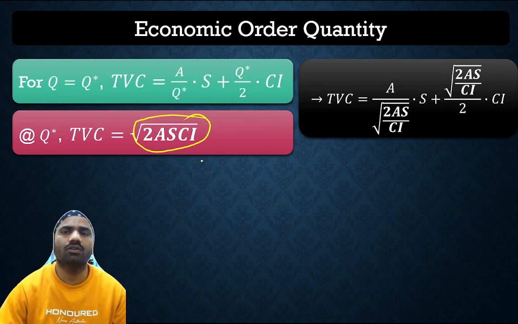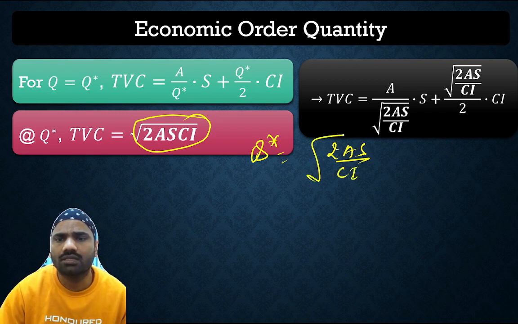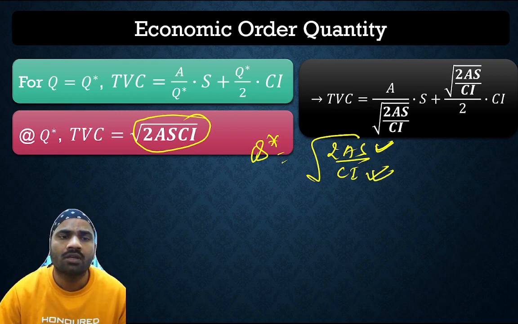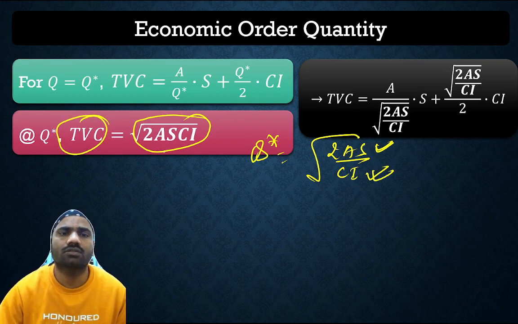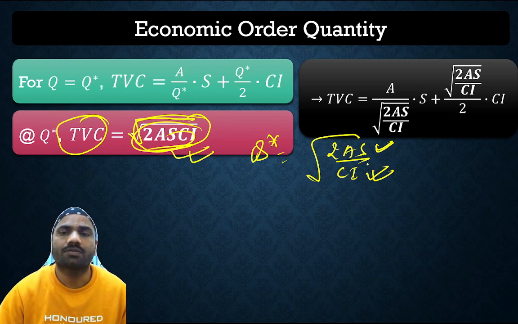It is very simple to remember. Q star is the square root of 2AS by Ci, where AS is in the numerator and Ci is in the denominator. But in the total variable cost, it is the square root of 2 times ASCi, all completely together. There is no fraction symbol.